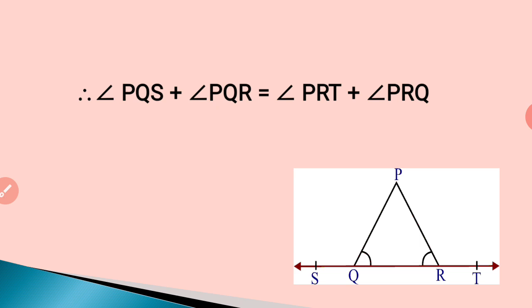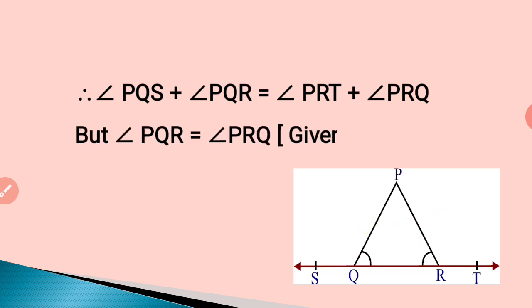Now, we have been already told in the question that angle PQR and angle PRQ are equal. So, we can cancel them out, remove them from both the sides, and we conclude that angle PQS equal to angle PRT.